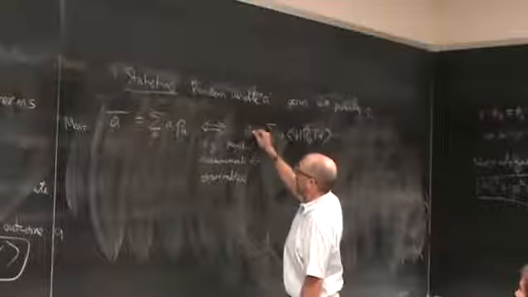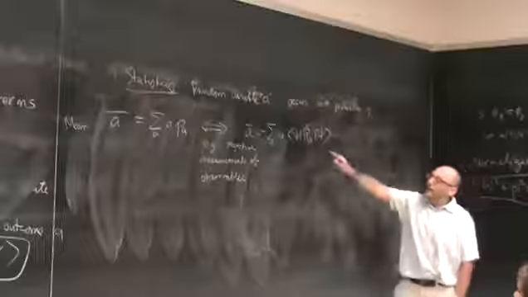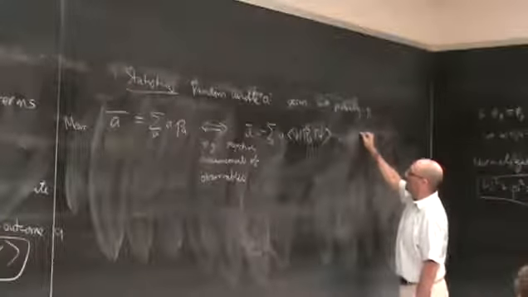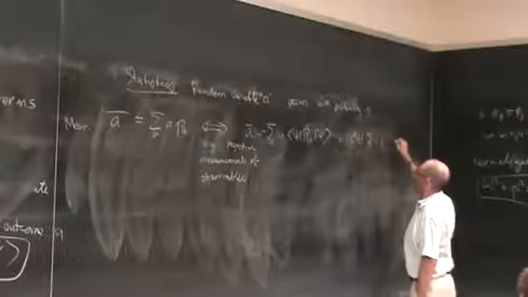That's the eigenvalue of A, right? Again, by linearity, I can take that outside the sum.